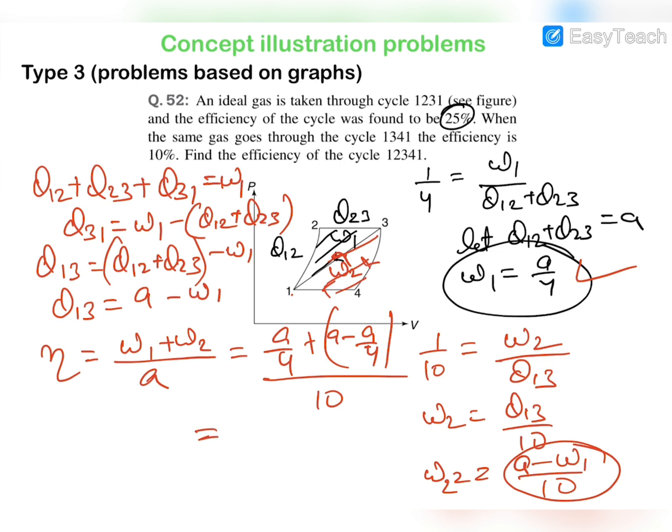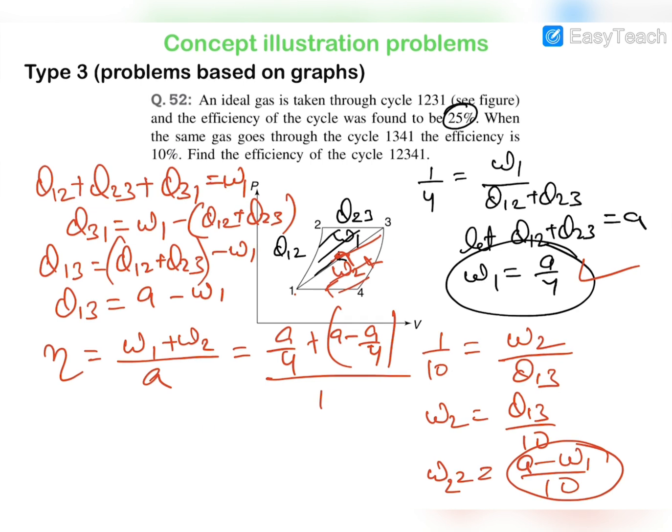Okay, so this is the total efficiency, and divided by A.